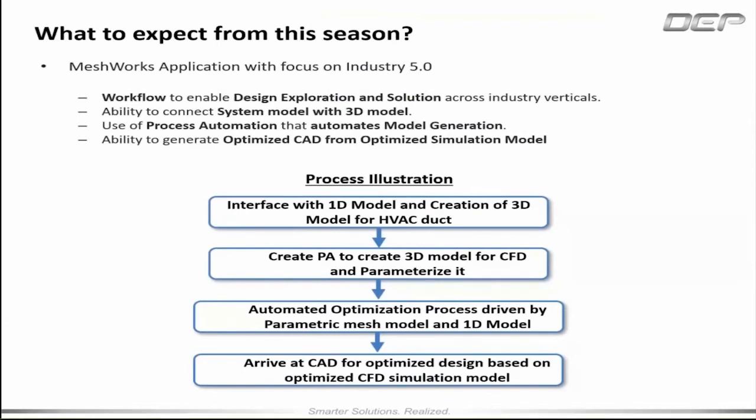And how do we do that? Our process automation engine in MeshWorks 2020 is going to enable creation of workflows. And through these workflows, we are able to generate models faster. And together with parametric modeling, we are going to help you explore design. And our objective is to arrive at a solution.